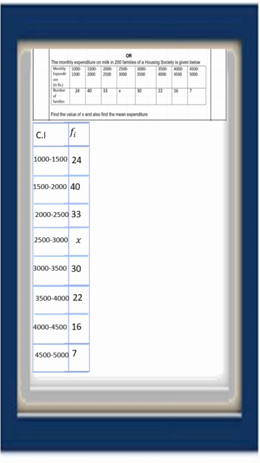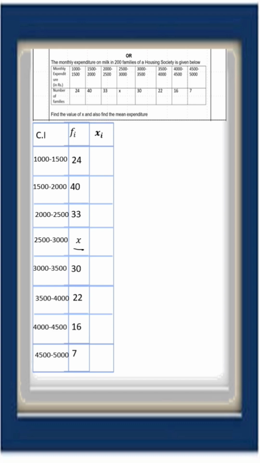Now let us solve the second choice here of the 35th question. Now let us write the tabular class interval and frequency like this. We have to find the mean as well as x here. But let us write the midpoints of each class interval here. So let us add one more column for xi.